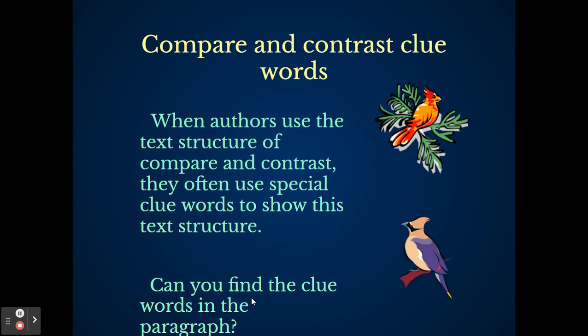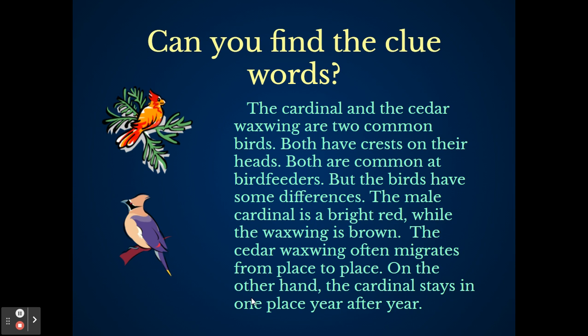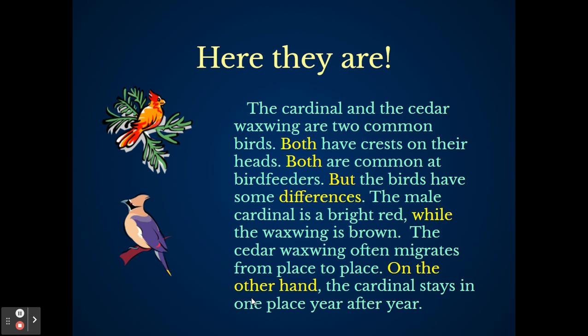And you want to make sure that you're looking for those clue words. So let's find clues in here. So here's the text again. And if you notice, you see things that show that, for example, both of the birds have crests on their heads. They both are common at bird feeders.